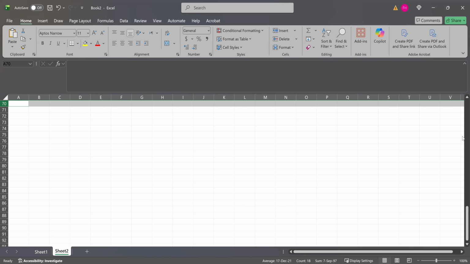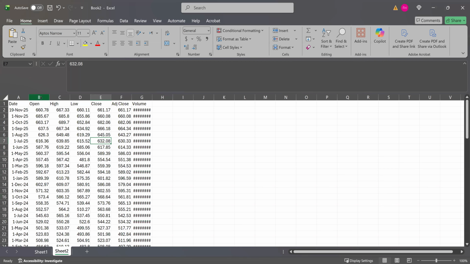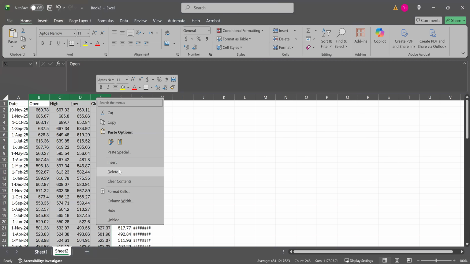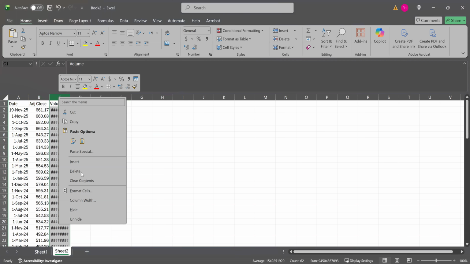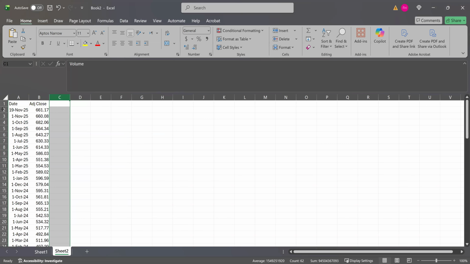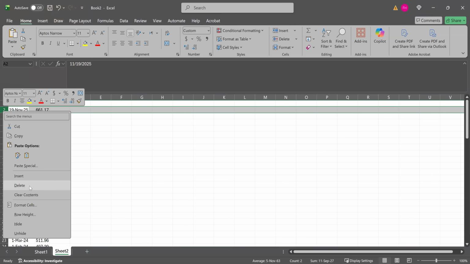So after cleaning the sample from dividends observations, I need to keep the date and the adjusted close. And to keep things consistent, I will delete the first observation for November 19, 2025.